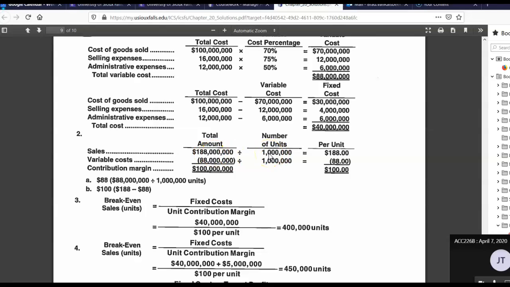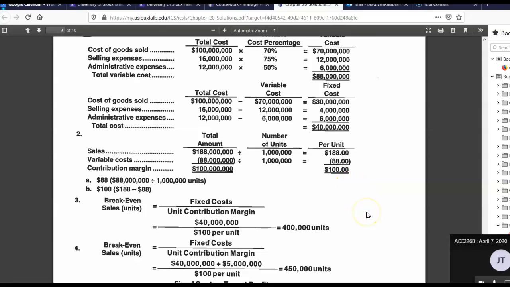And right at the very beginning, it said 1 million units. Well, that's the 188. Well, now we can take this right here, the variable cost number, 88 million. Again, 88 million divided by the number of units is $88 per unit. So sales minus variable cost equals our contribution margin of $100.